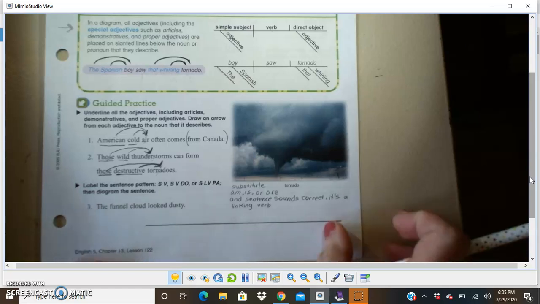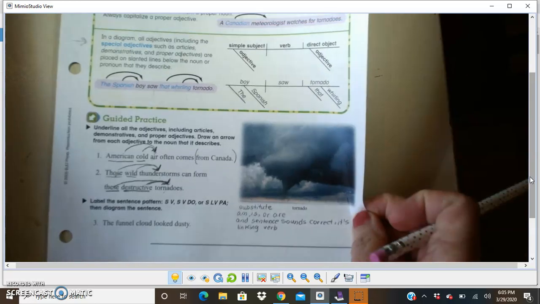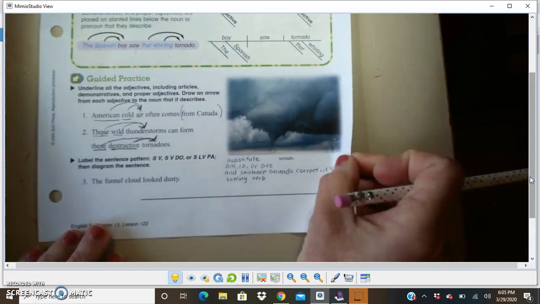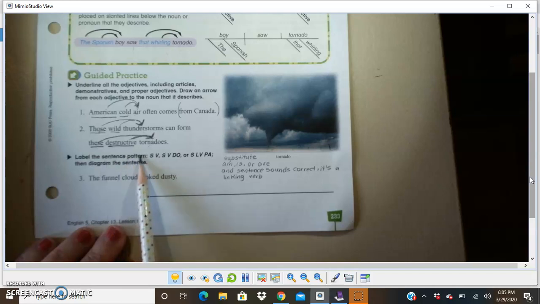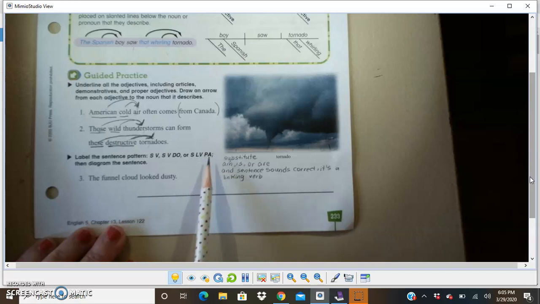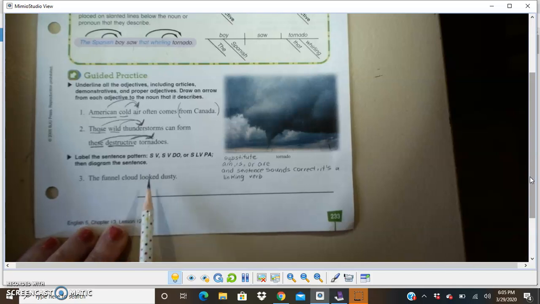And let's look at the bottom section. I wrote this over to the side because we're going to talk about this in just a second. It says, label the sentence pattern SV or SVDO or SLVPA. We'll do that as we're looking through it right now. We're going to label it above the words, not on this line.